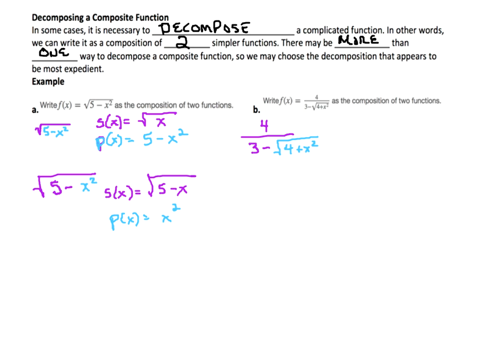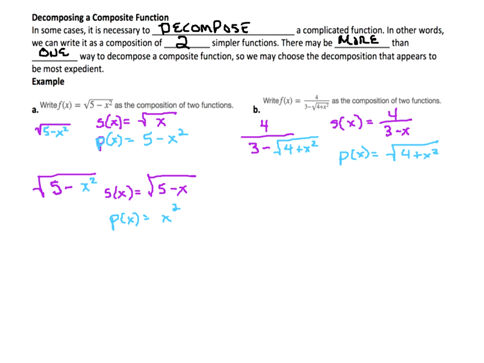Oh no, I'm sorry, I shouldn't have written x. In that case, the shell function would be 4 over 3 minus x, and the plug-in would be the square root of 4 plus x squared.